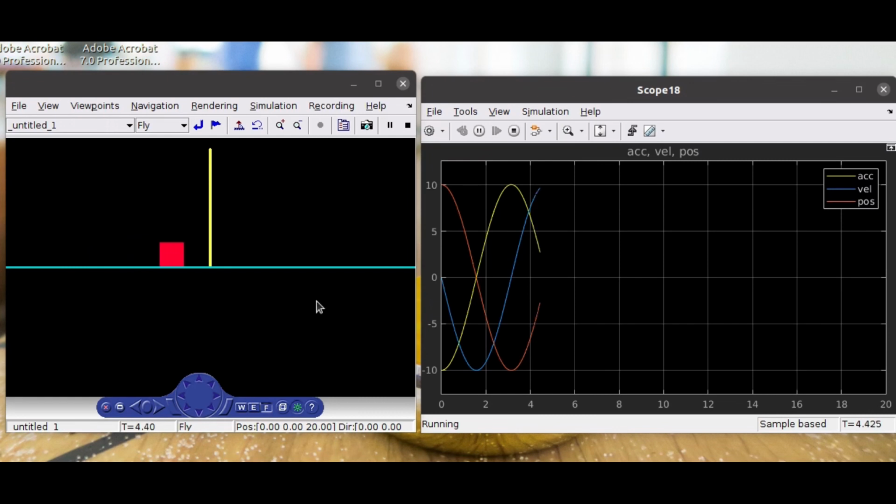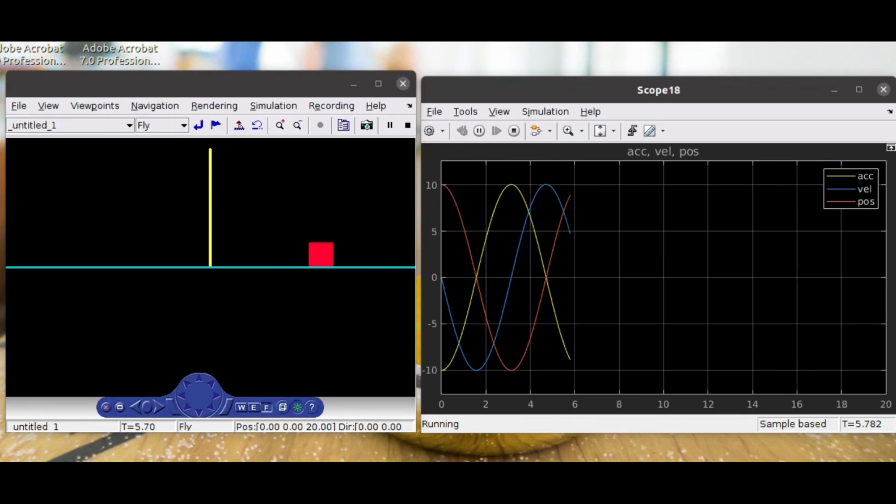Eventually, the body will stop at a point and start accelerating in the opposite direction. Again, the same phenomena continues.